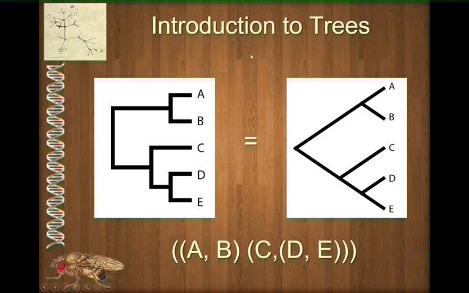Now, in computer programs, and we really won't get into this, but just so you are aware of it, these are done in a kind of a mathematical or a computer language way. They're drawn like this with the parentheses representing different groups. So D and E are grouped together, represented by that common ancestor. C is the closest relative with another set of parentheses out there.